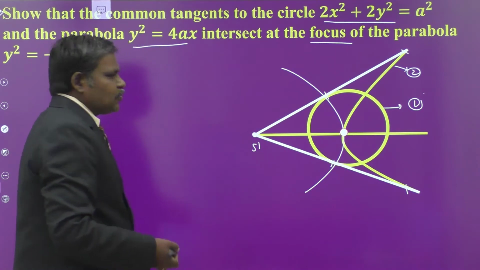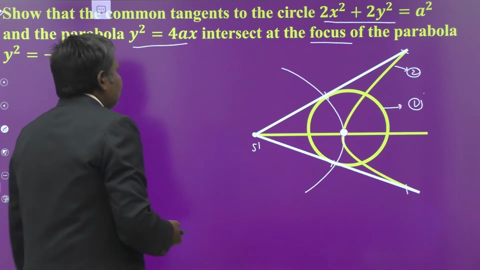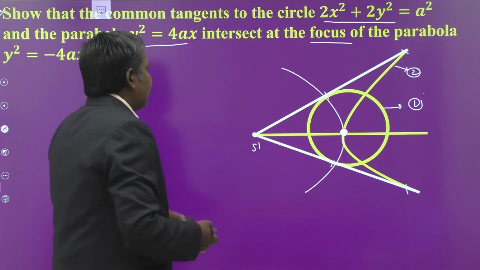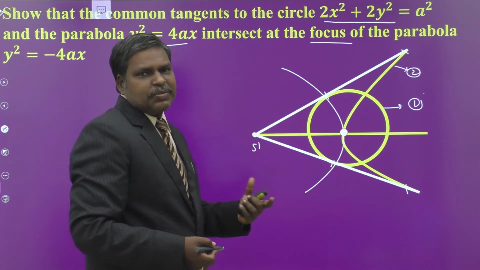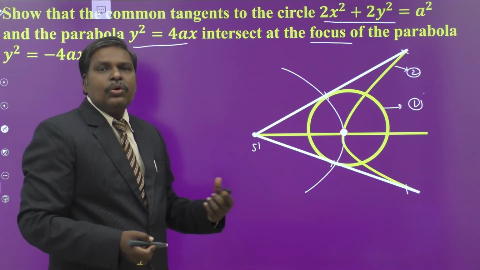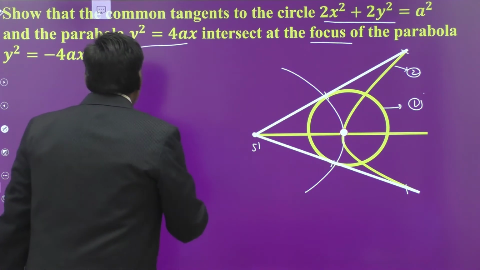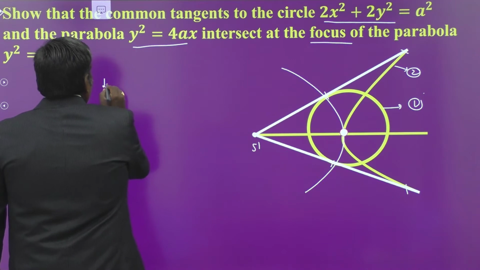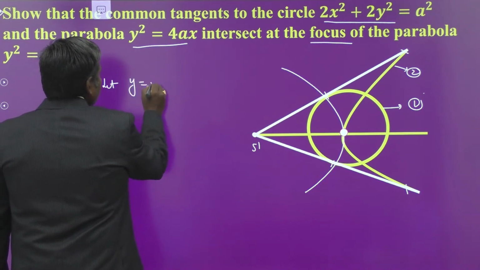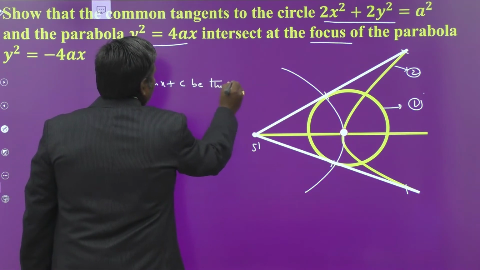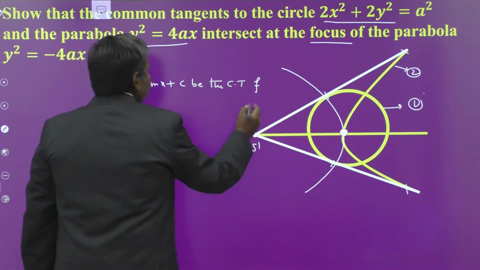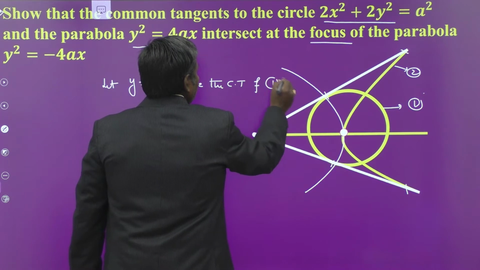Now how do we start this? In the last class I told you that to get the common tangent, we take y = mx + c as the common tangent to both curves. So let y = mx + c be the common tangent of 1 and 2.